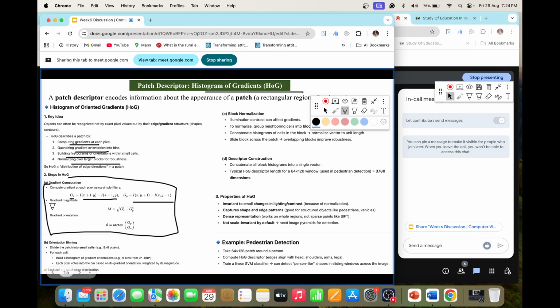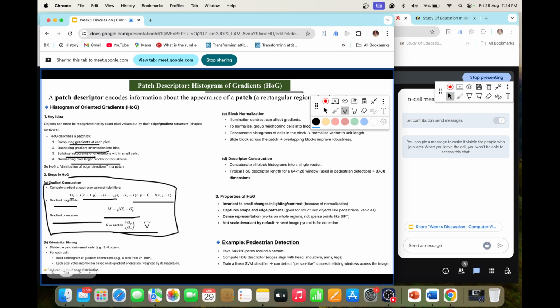For each point you will have a gradient magnitude as well as a gradient orientation. Magnitude is the square root of Gx squared plus Gy squared. Orientation is tan inverse of Gy by Gx.